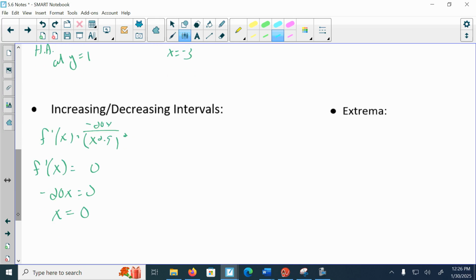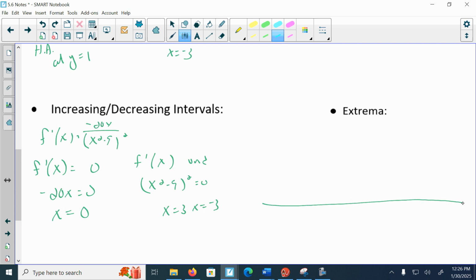Then I'm going to find when my derivative is undefined. That's when x squared minus 9, squared, is equal to 0. Remember, that's when x is equal to 3 and when x is equal to negative 3. So when I make my table, I'm going to put negative 3, 0, and 3.